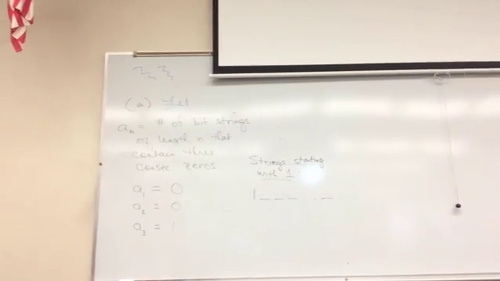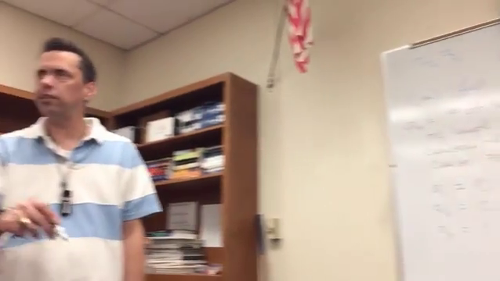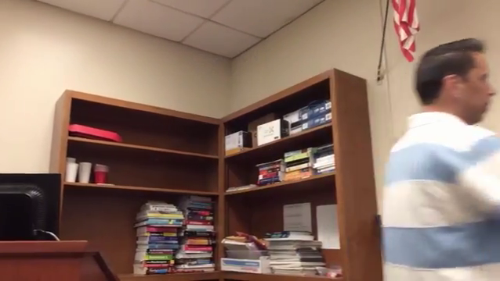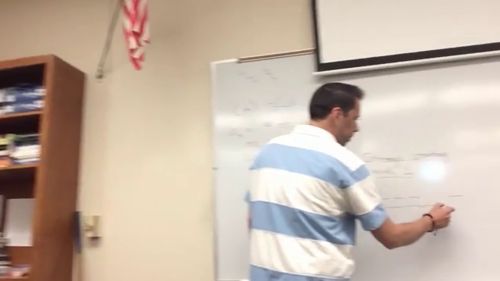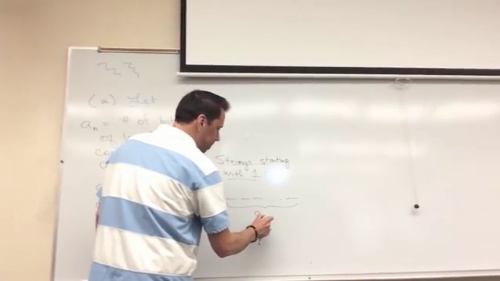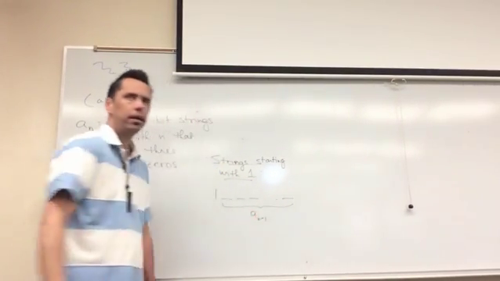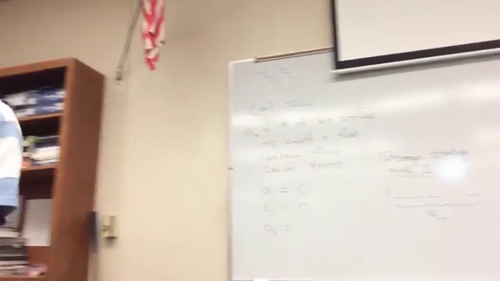The number of ways to fill in those blank spaces so that you get 3 consecutive zeros is a sub n minus 1. The number of bit strings of length n minus 1 that have 3 consecutive zeros. That makes sense? In other words, let's go to the case where the string has length 4.